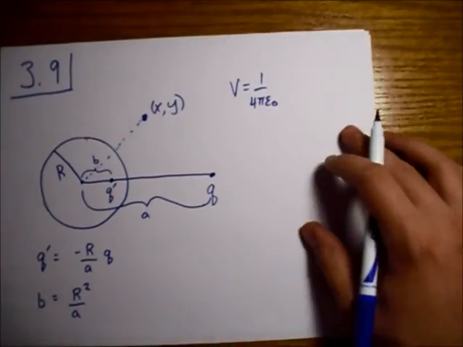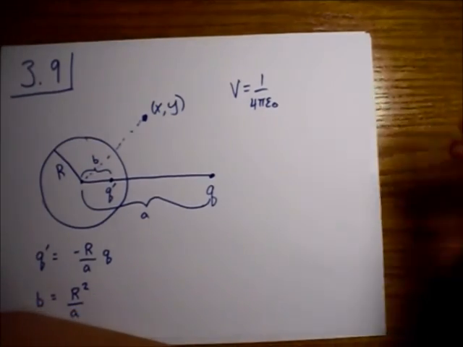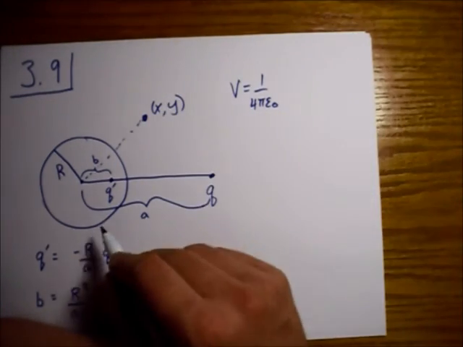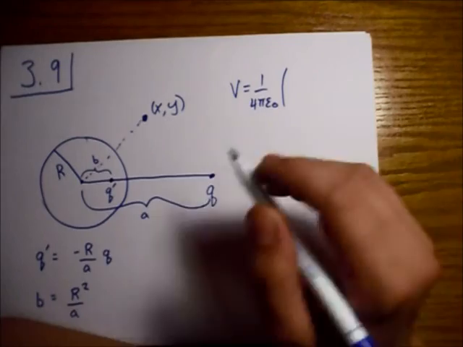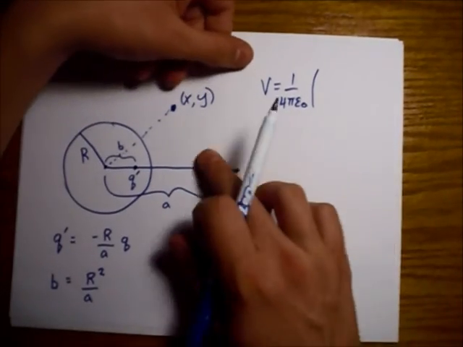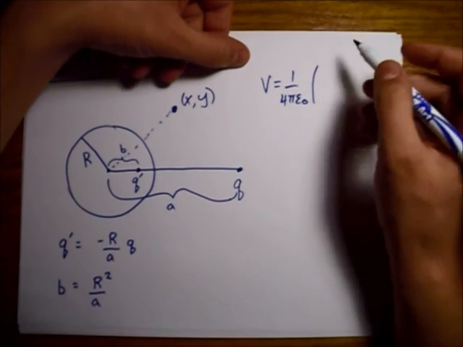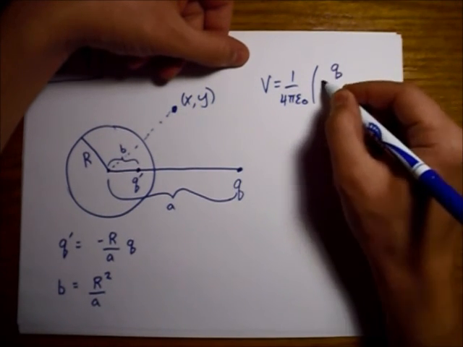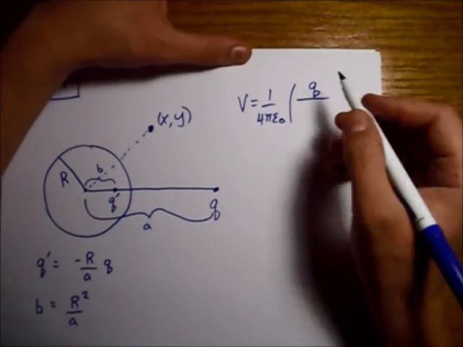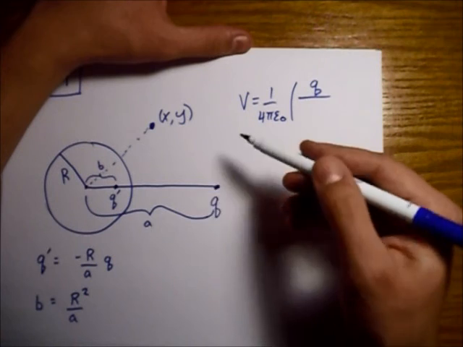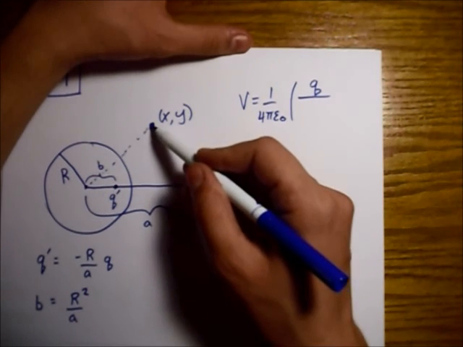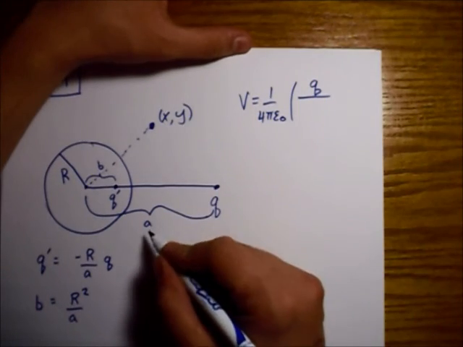We have our 1 over 4 pi epsilon naught. Now we're just going to add the potential due to both of these charges. Let's add our original charge first. So up top we have the magnitude of the charge itself, and then what we want to do is find the distance from this charge out to our field point out here.